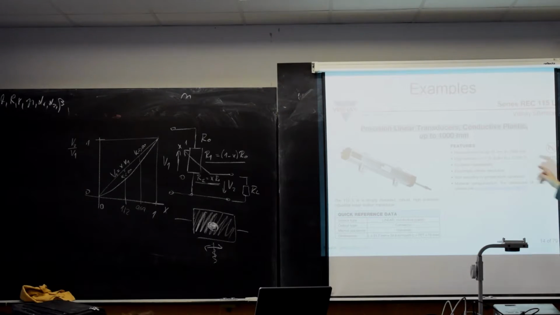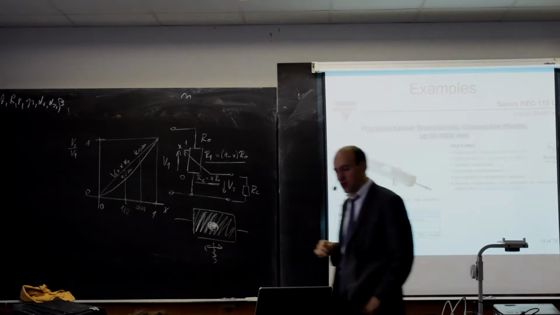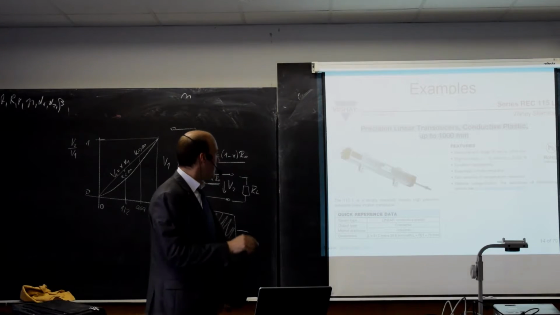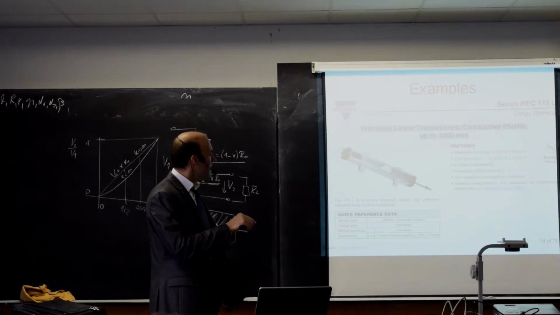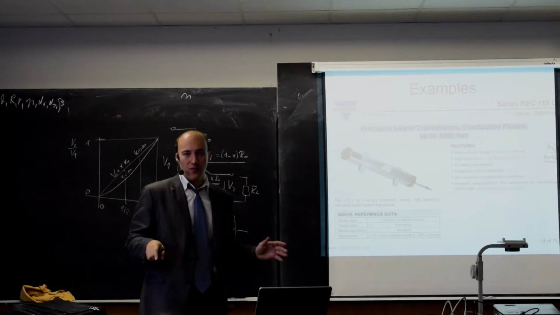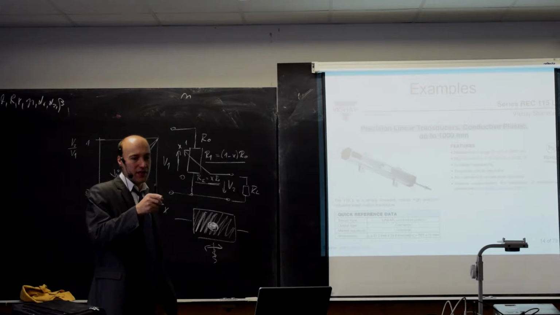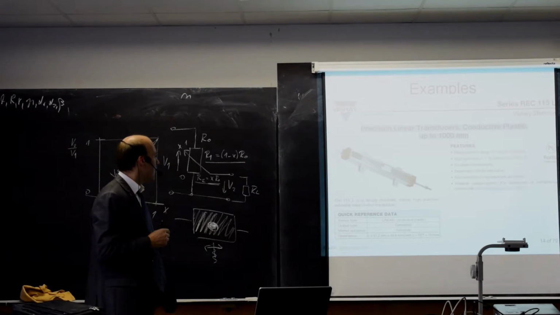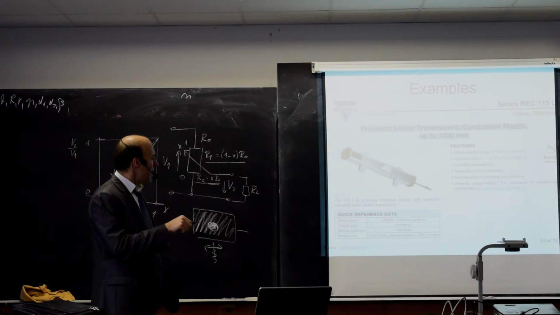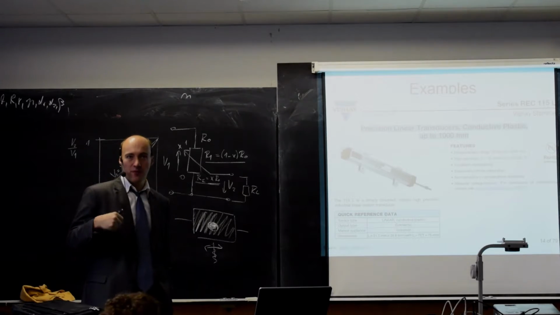You can see the ranges. That's only for this type of sensor and for this manufacturer. But just to give you an idea, from 25 millimeters to 1 meter. If you have a different type of sensor, I believe this one is like 30 centimeters only. It has a high accuracy, so you can see plus minus 1%.